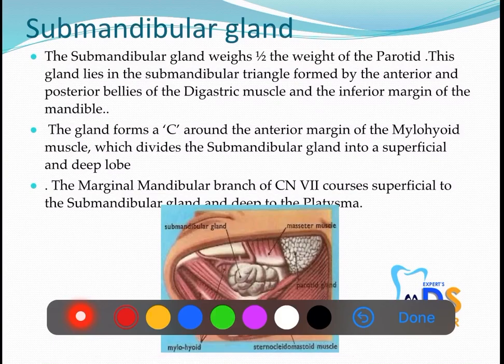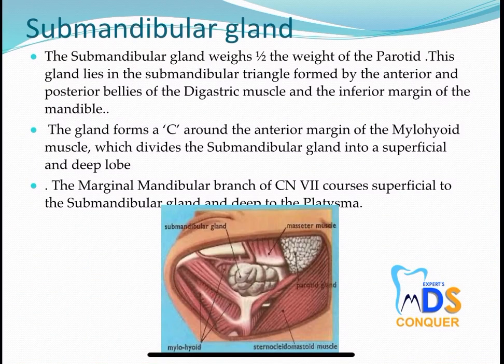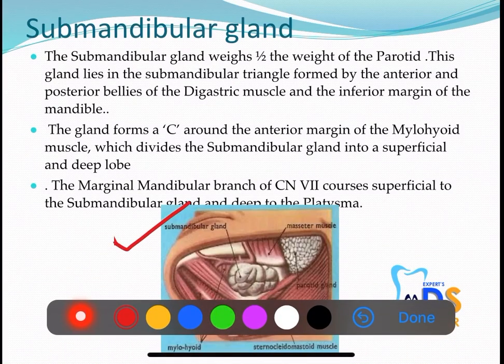Okay, the marginal mandibular branch of the 7th cranial nerve runs superficial to the submandibular gland, and deep to the platysma. So this is the simple introduction that you can give for the submandibular gland. If possible, you can put this diagram. Okay.